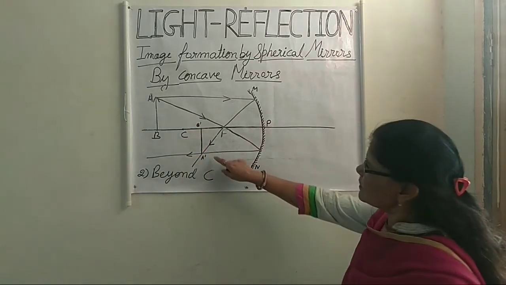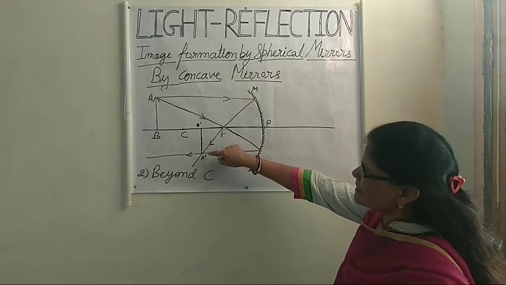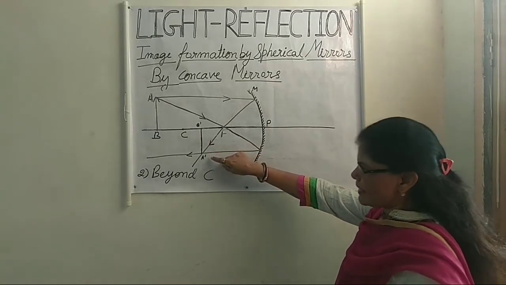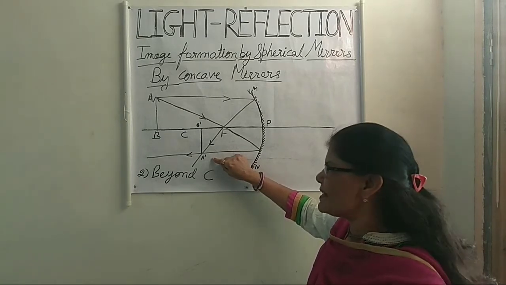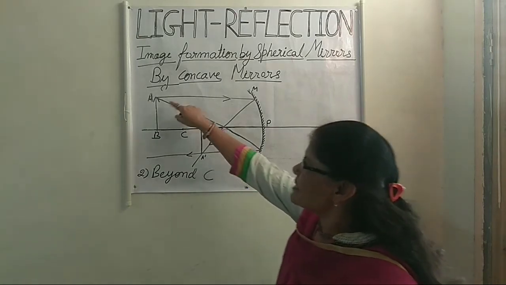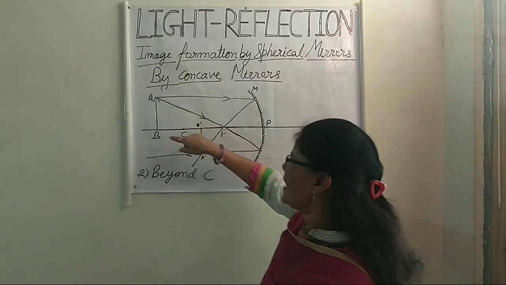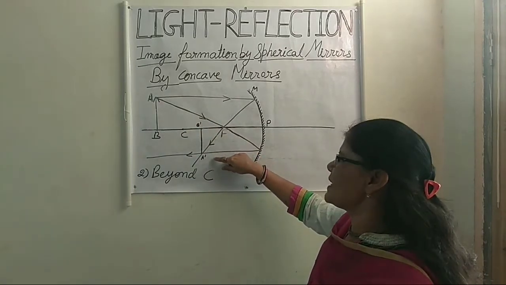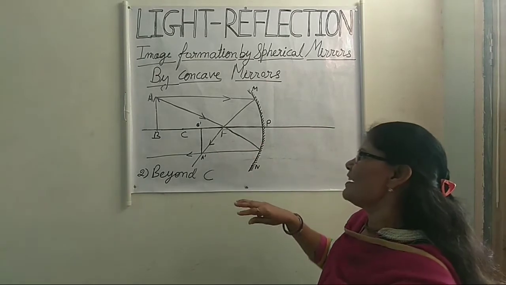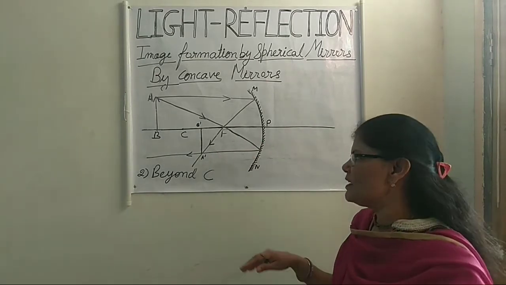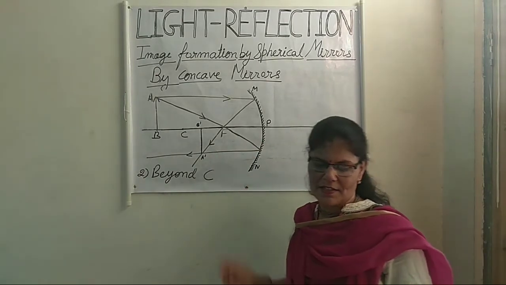This is our image formation, and this image is real, inverted, and smaller in size, it is diminished. This is our object AB, and the image A dash B dash is smaller than the object. It is real, inverted, and smaller in size than the object. So this is our second case.